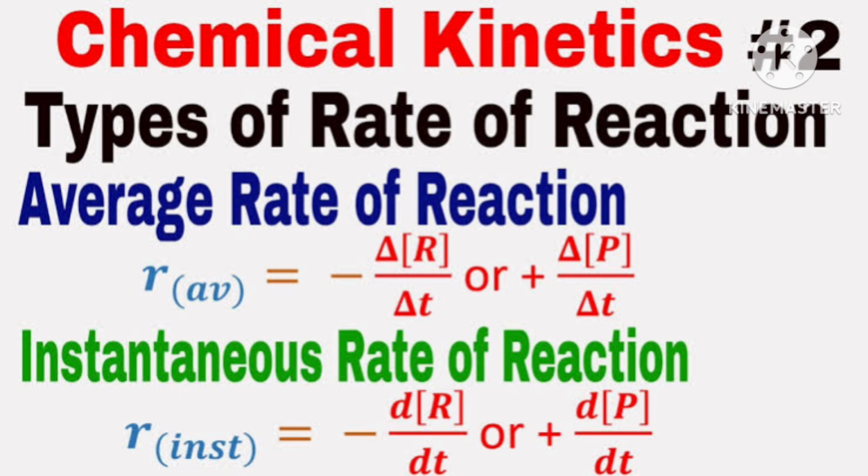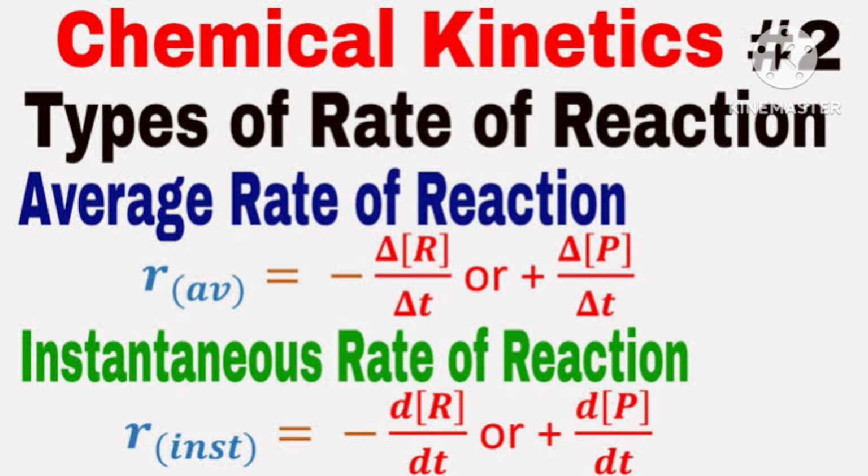Then what is the concentration? Concentration is mole per liter, mole divided by liter. Hence in place of concentration you can write mole divided by liter, time inverse. Correct? Then mole per liter, again you can write mole L minus 1, and T minus 1 was already there.